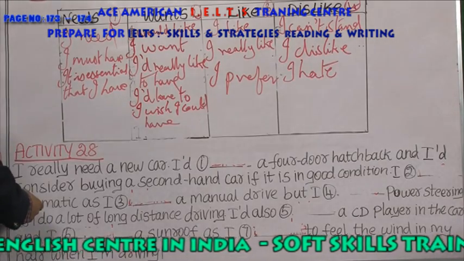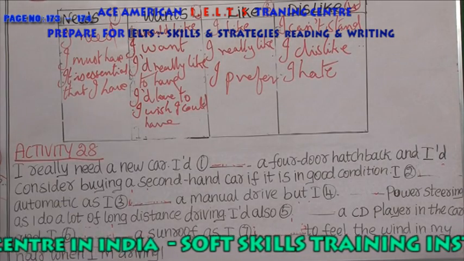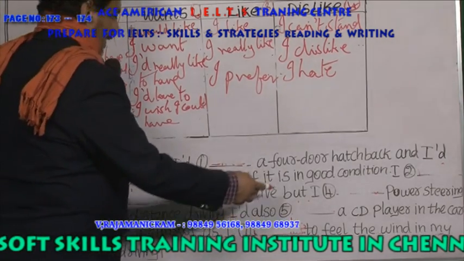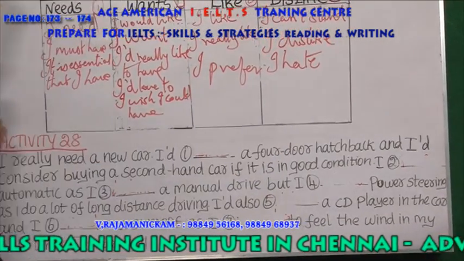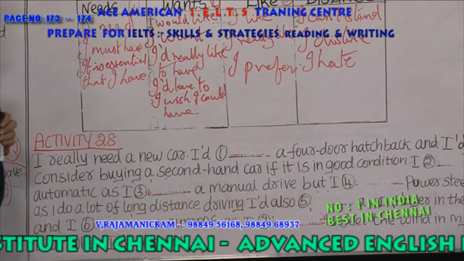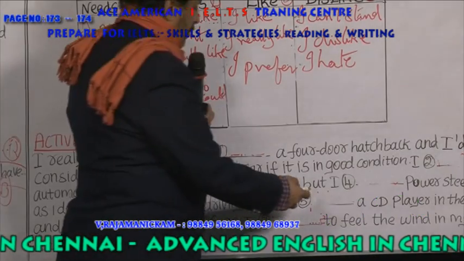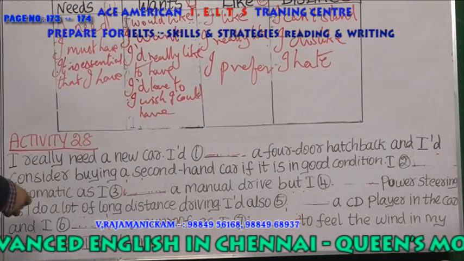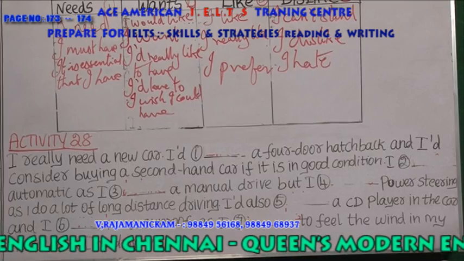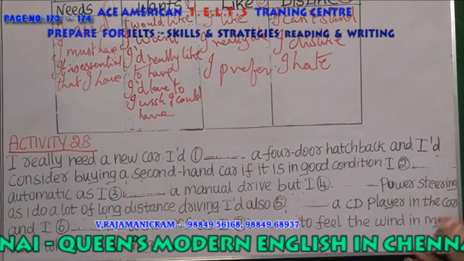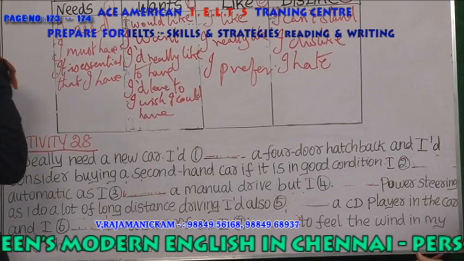I dash automatic as I dash a manual drive, but I dash power steering. As I do a lot of long distance driving, I also dash a CD player in the car, and I dash a sunroof as I dash to feel the wind in my hair when I am driving.